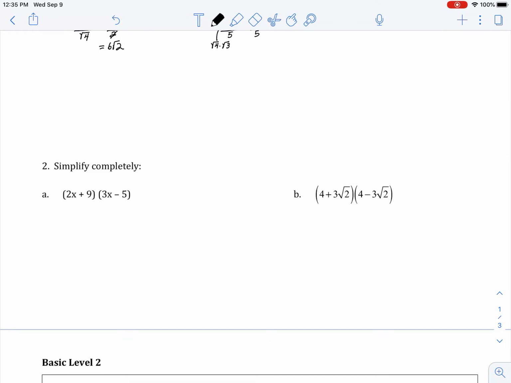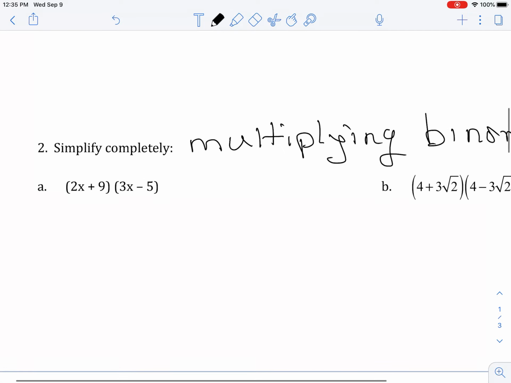Down here we have some multiplying binomials, also good review. This is called multiplying binomials, and what's inside those binomials can be any kinds of terms. In 2A, we just have regular variables and numbers.